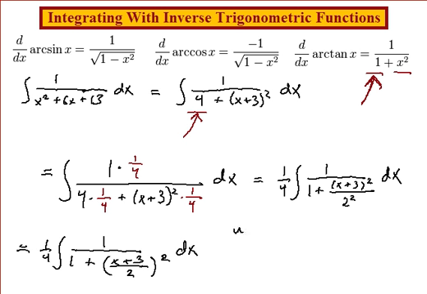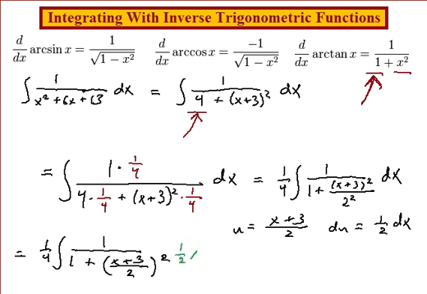If we allow u to be x plus 3 over 2, then du is 1/2 dx. We need 1/2 dx inside our integral. We only have dx, so let's put a 1/2 dx in there.